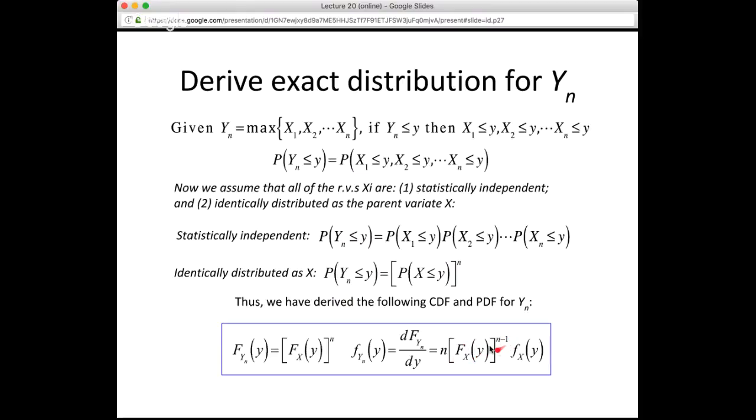And then we have to take the derivative of what's inside, which just gives us the PDF of x evaluated at y. So there's our derived distribution, in the form of a PDF and also as a CDF here. So we've just obtained our first exact solution or result for the maximum value.